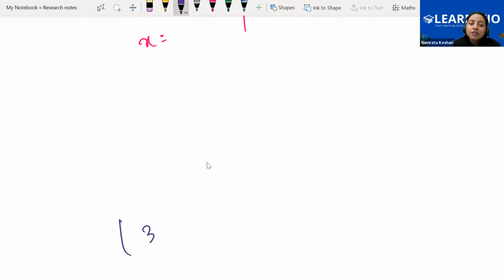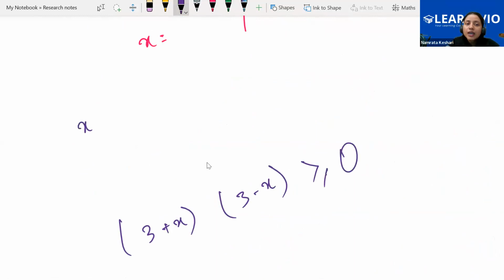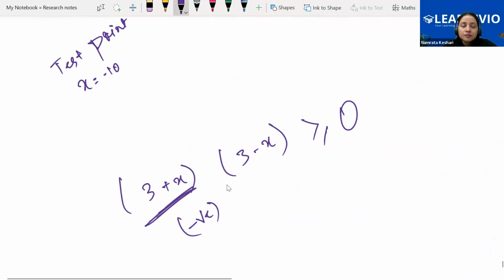So we had (3 + x)(3 - x) greater than or equal to 0. The x value we randomly took is minus 10, and we call it a test point. Now, if you substitute minus 10 in this bracket, the result will be negative, yes or no? Yeah.